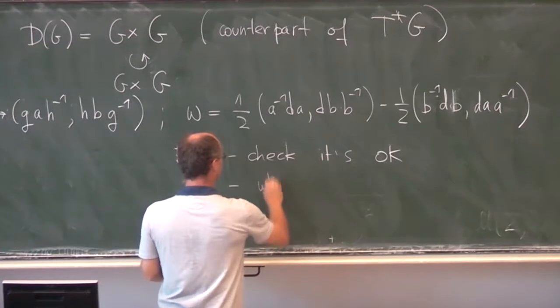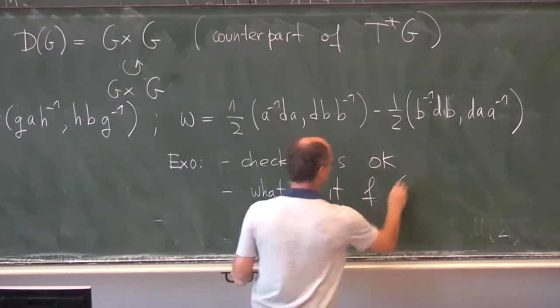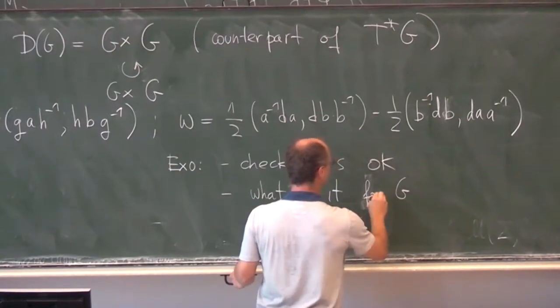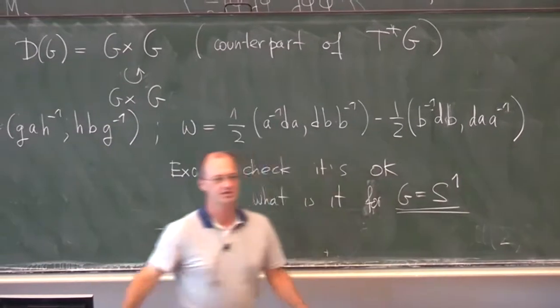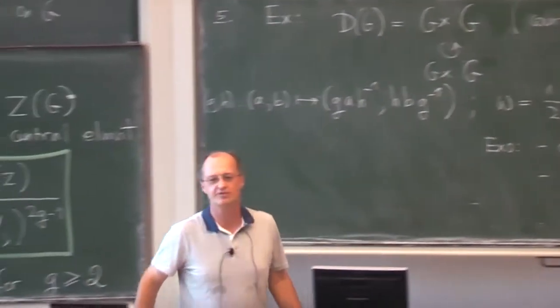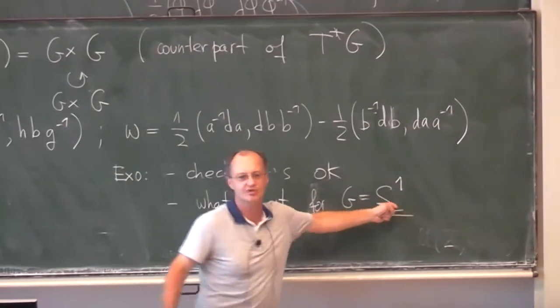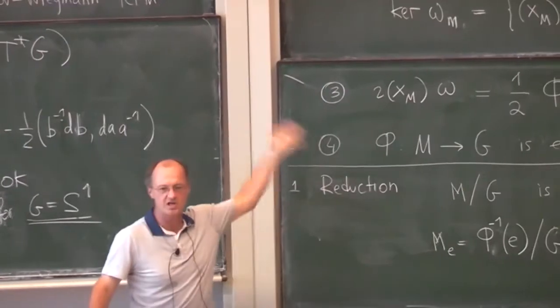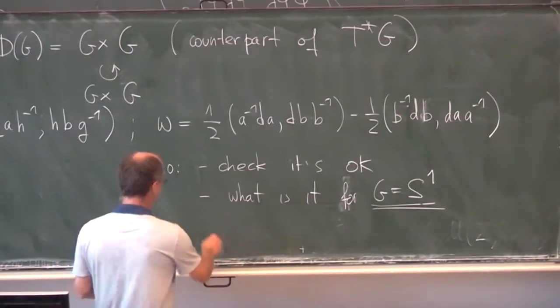Now, what is this form for G equal to S1? This is, of course, not the case that we are usually considering here. Our simplest example is usually SU2, but still, what is it in the case of S1, and what do those definitions give you in this case? That's an interesting and easy exercise.